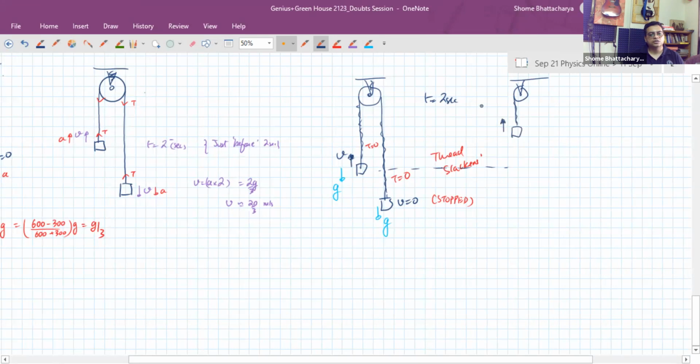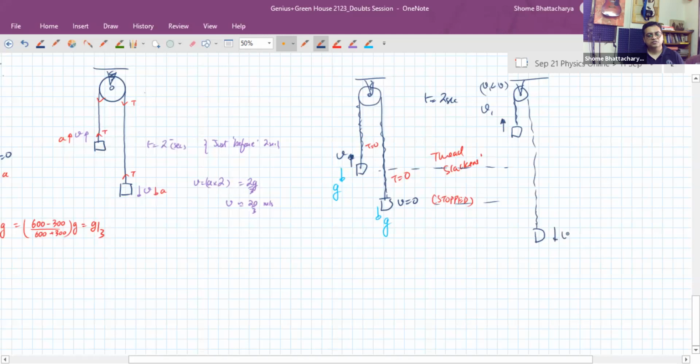But its velocity v1 has become less than that original v. And this block would have comparatively displaced downwards.